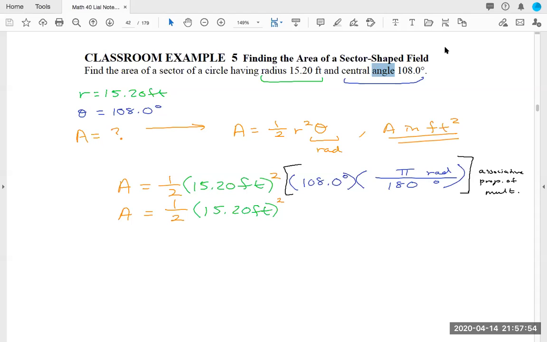Yay. So the reason I'm doing that is so that we can actually find what theta, your central angle, would be in terms of radians first. So we have 108 divided by 180.